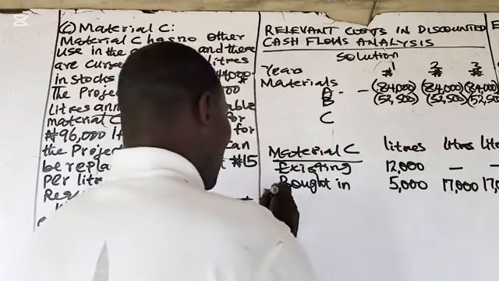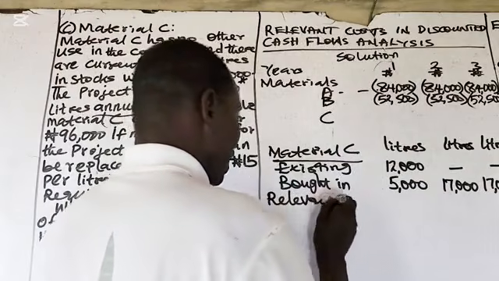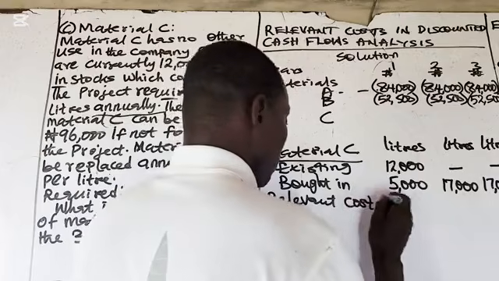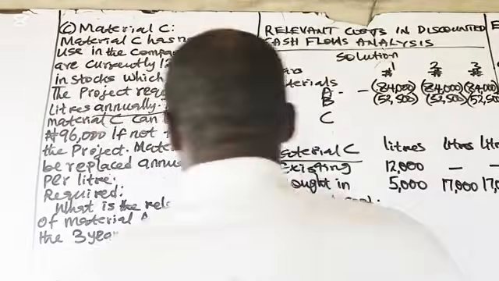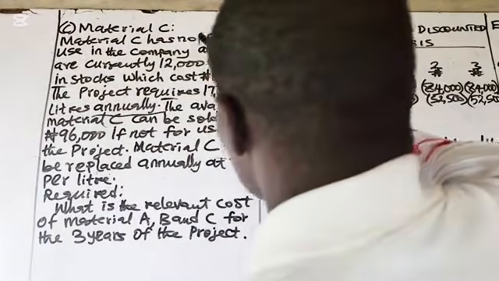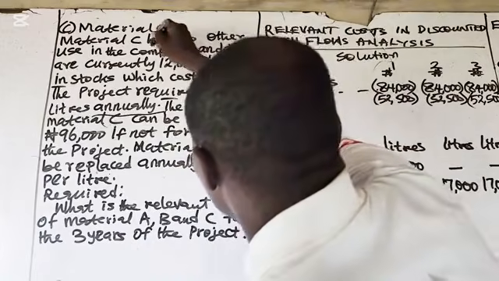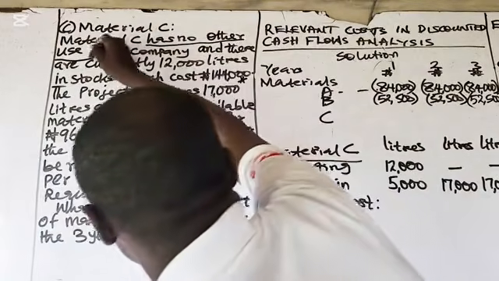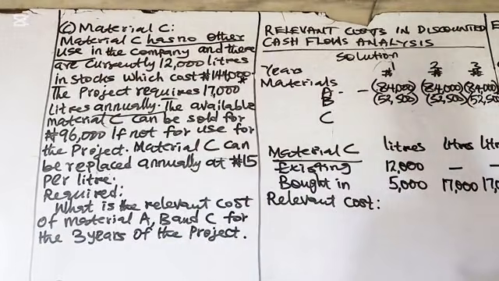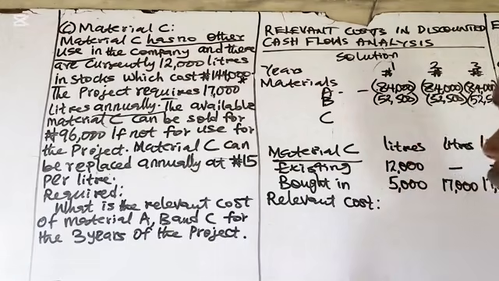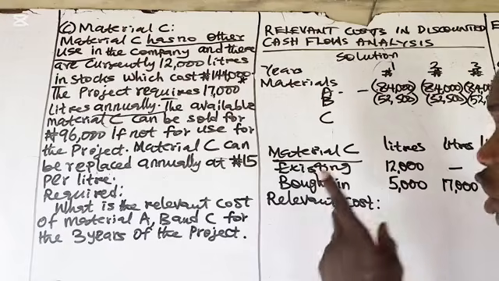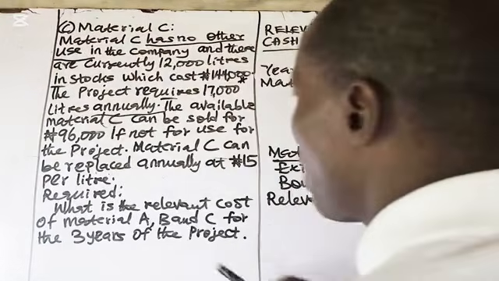Now, what will be the relevant cost of material C? Relevant cost for the existing material C: since it is not used regularly, it has no other use in the company. I've told you where it has no other use, the relevant cost will be the higher of net realizable value and lost contribution from alternative use of the material.